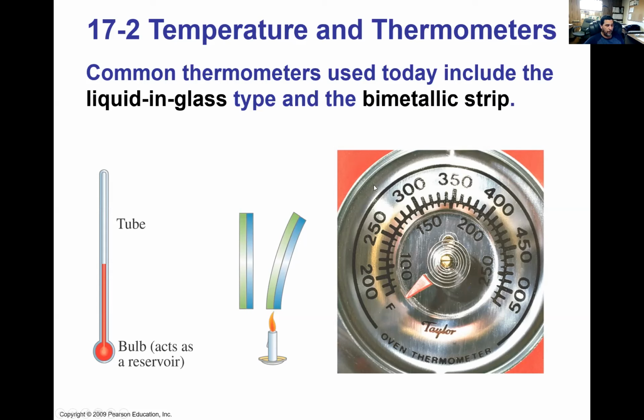The one for your oven depends. Older ovens like this one here use a bimetallic strip. If you look at this, you see this coiled up piece of metal. As it gets hot, it expands, and it tells you where on the dial the temperature is.